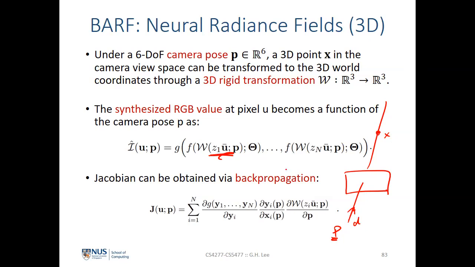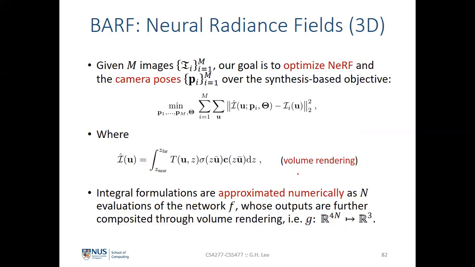So basically you need the correct P in order to know this X. And you also need to know the pose of this in order to render it back here. That's what this warping function is all about. Because you can consider this integration, this integration becomes a summation, as we have seen earlier. You can consider this as a function G. Basically, your network outputs C and sigma, which is 4-dimensional.